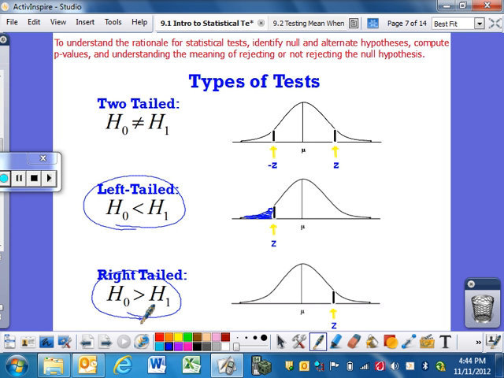Then it's a right-tail test, and I'm going to look for the information in the right tail. And you're going to go back to Chapter 5, Chapter 6, when we started getting into z-scores, things like that. These same ideas are happening. Now, a two-tailed test is when I don't care if it's greater than or less than. I'm just looking to see if it's different from. So I'm actually going to look for information in both tails.